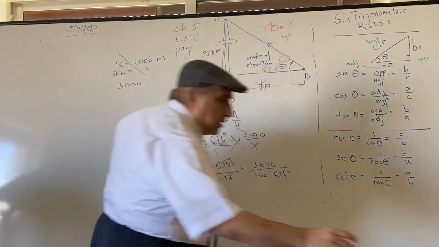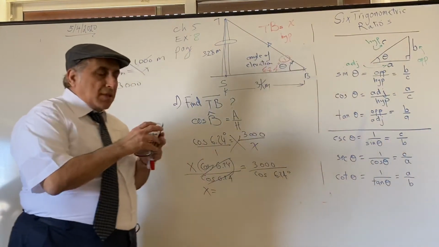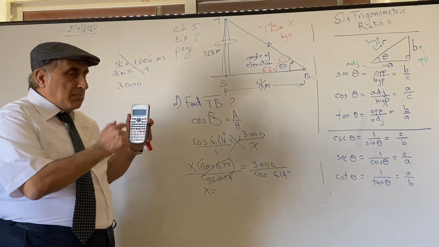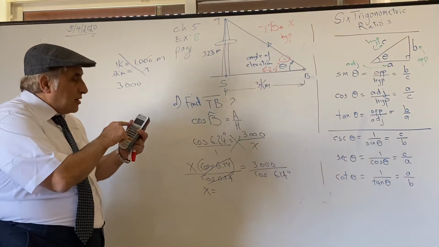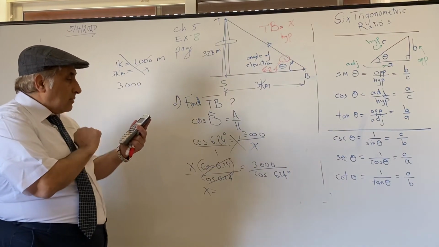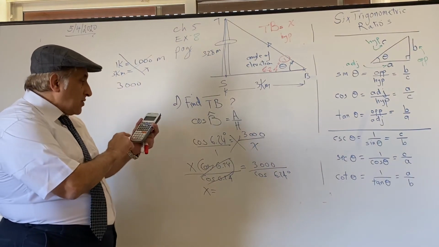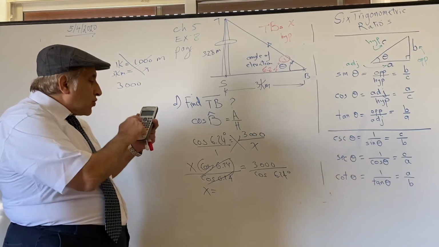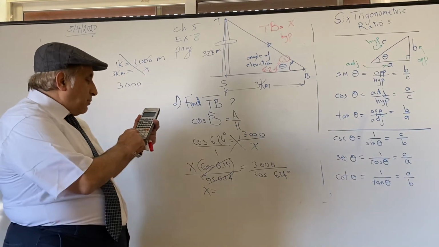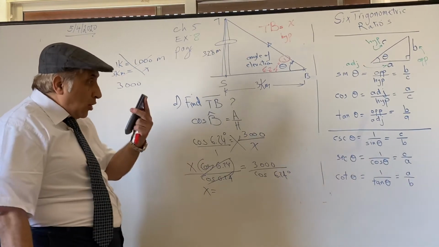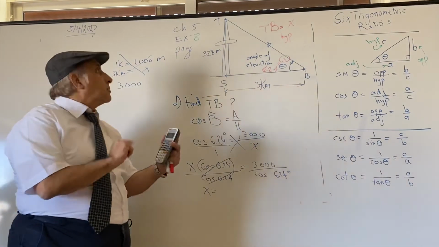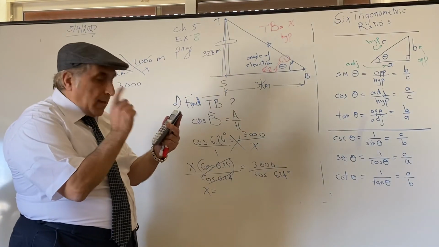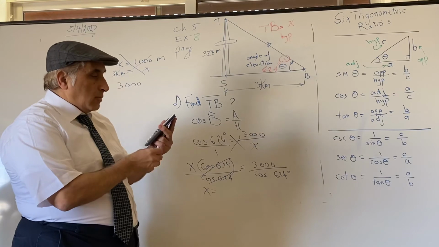Let's go to the calculator. Before we touch it again, this must be in degrees, so double check. Shift, mode 3. I'm happy. 3,000 divided by, don't press shift, just cos directly, 6.24. And don't forget, when you press, you have to close the bracket, then equal.